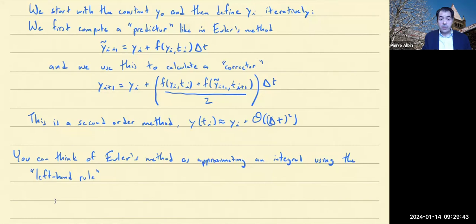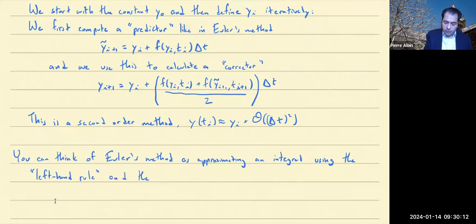If you think of your integral as being the limit of Riemann sums, you have a rectangle where your base would be the step size, and then you have to pick a height. And the left-hand rule says for your height, pick the value of the function at the left endpoint of the subinterval that you're using.